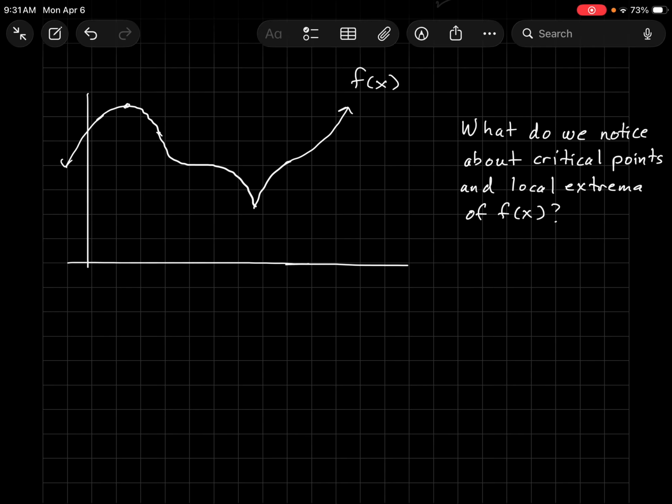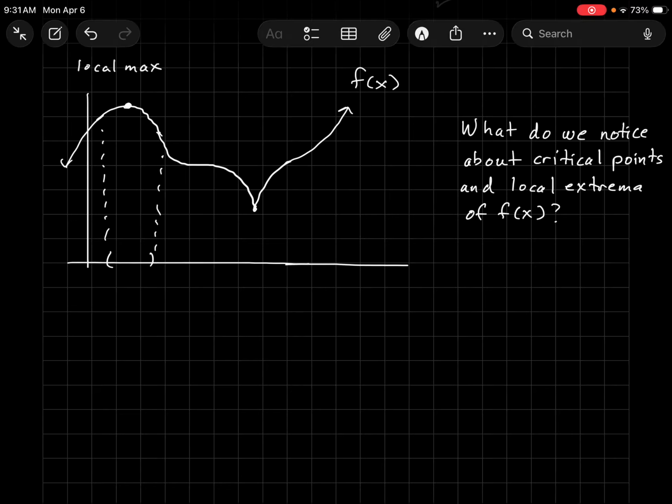I bet you would agree that right there you have a local maximum. I will abbreviate it as local max. That is, on an open interval right around it, it is the highest value, the local max.